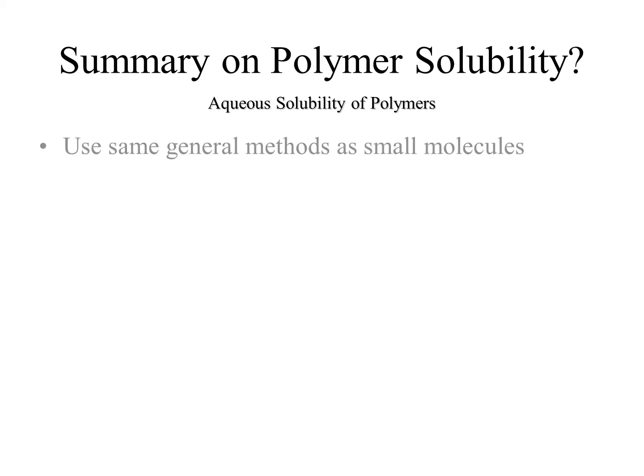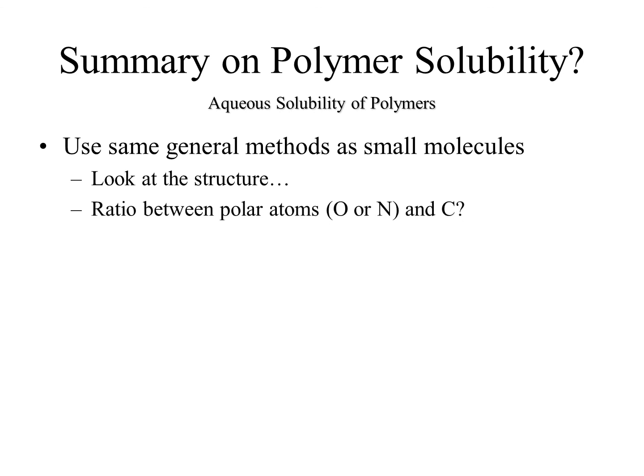In summary, when looking into the solubility of polymers, start with what you know about small molecule solubility. More polar atoms will improve water solubility. Charges always help aqueous solubility. This applies to both big and small molecules.